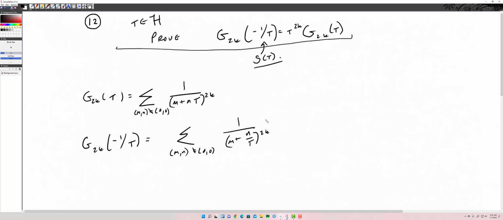Okay. What if I multiply both the top and the bottom by tau to the 2k? Well, then I get a factor of tau to the 2k out here, right? Sum over m, n non-zero of 1 over n tau plus m, to the 2k.